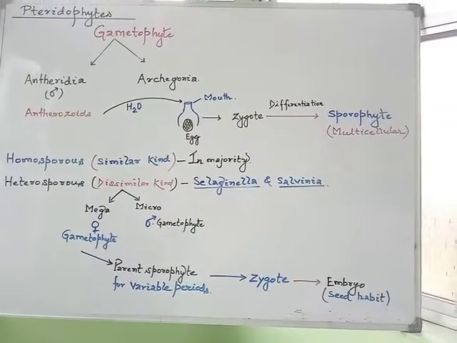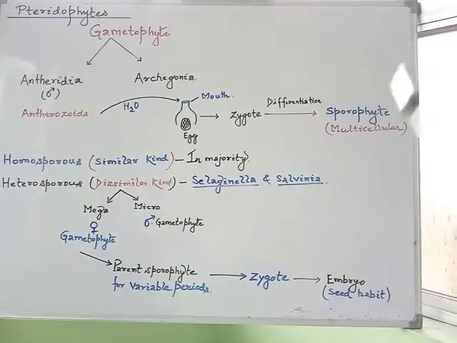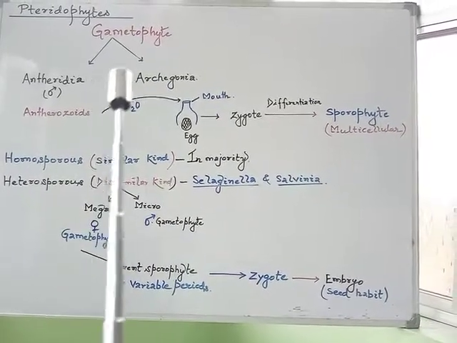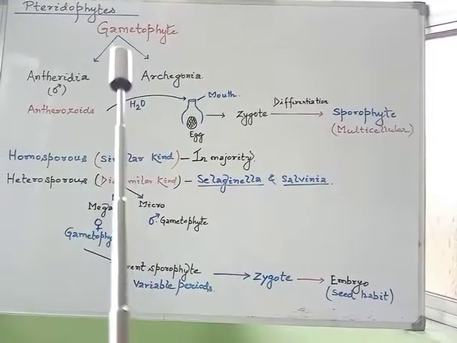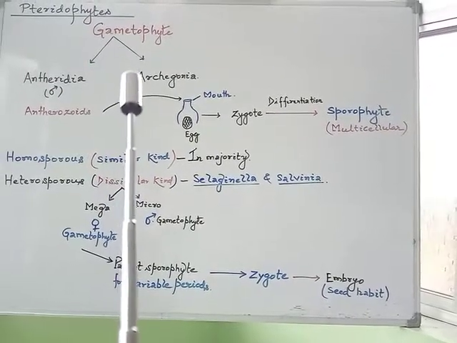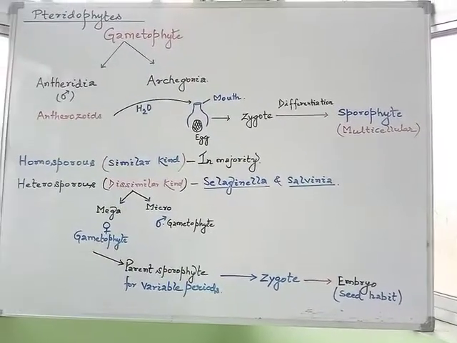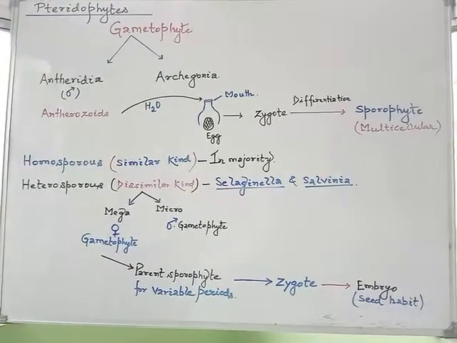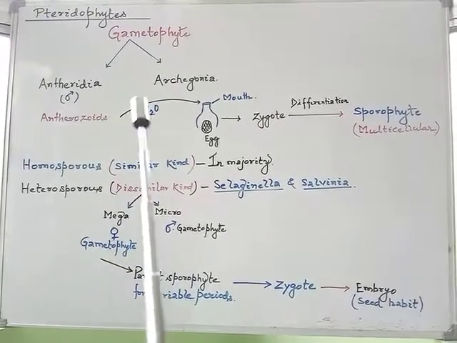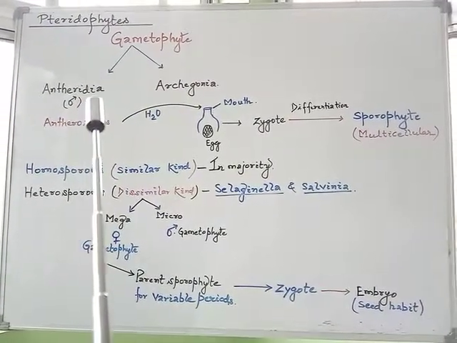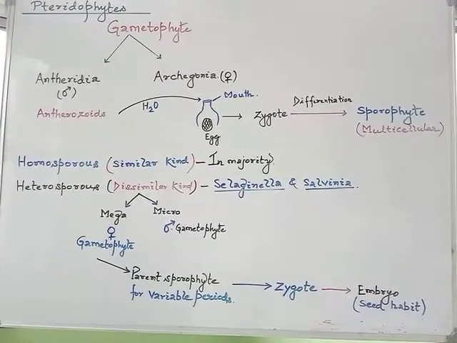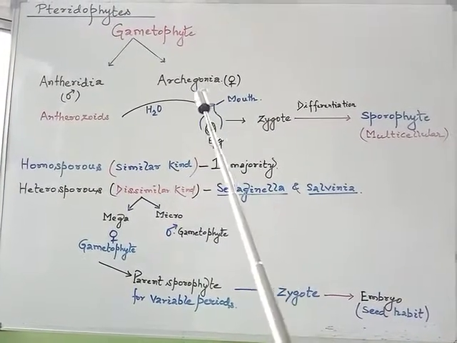The structure called the prothallus, or the gametophytic phase, will bear two types of sex cells, the male sex cells and the female sex cells.